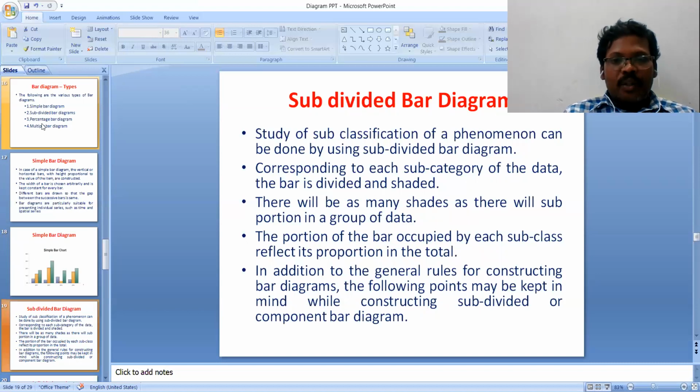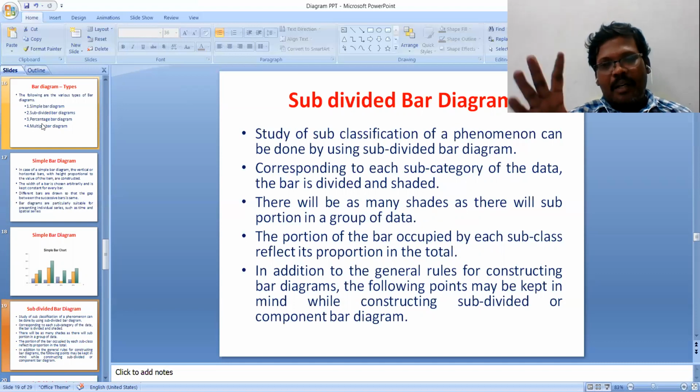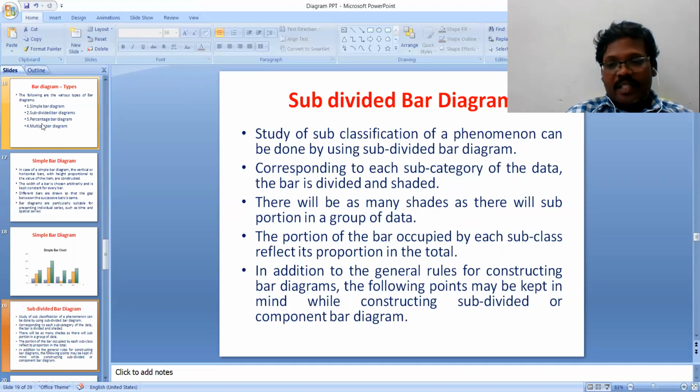Corresponding to each sub category of the data, the bar is divided and shaded. To understand easily, the first quarter can have black color, the second quarter some other color, and the third quarter another, just to explain the data.